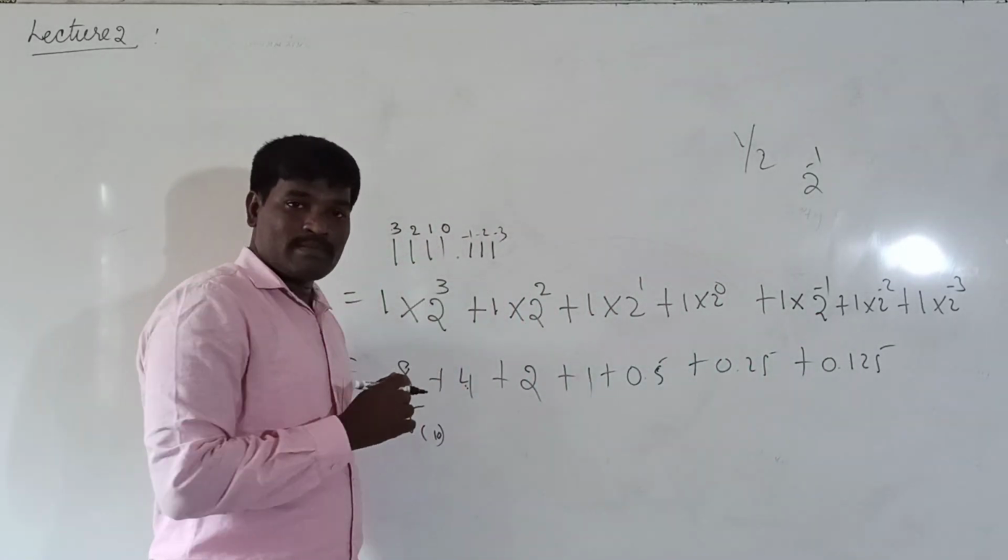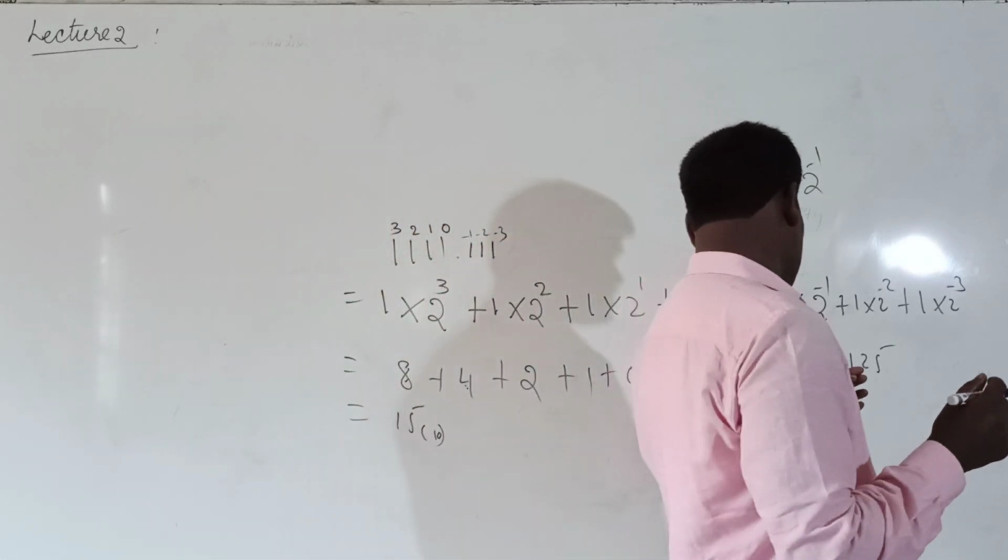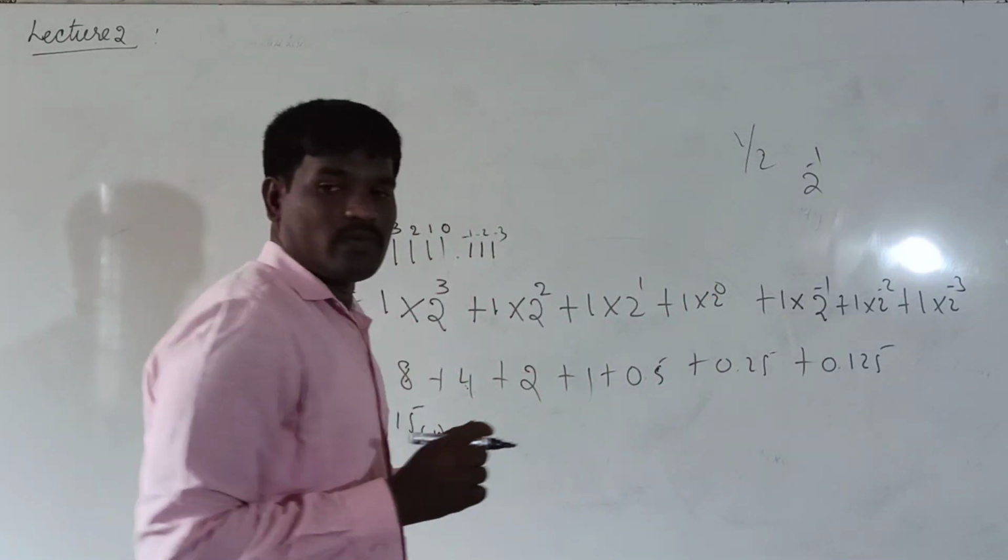In order, that is 0.5 plus 0.25 plus 0.125.